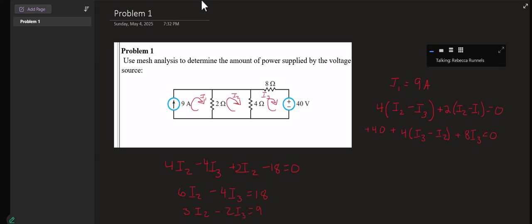And then for my second equation, I'm going to take the number to the other side. So the other side will be minus 40. And then I have 4I3 minus 4I2 plus 8I3, or 12I3 minus 4I2 equals negative 40, and I'll divide through by 4: 3I3, and that's a negative 1I2, so minus I2 plus 3I3 equals negative 10.